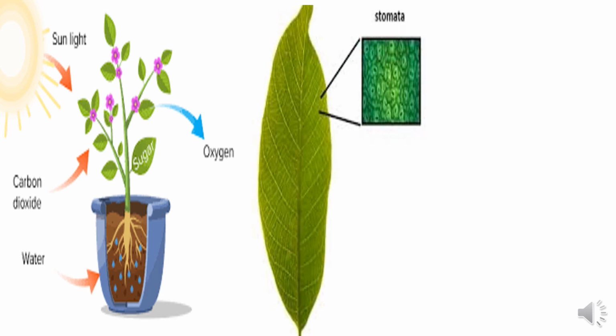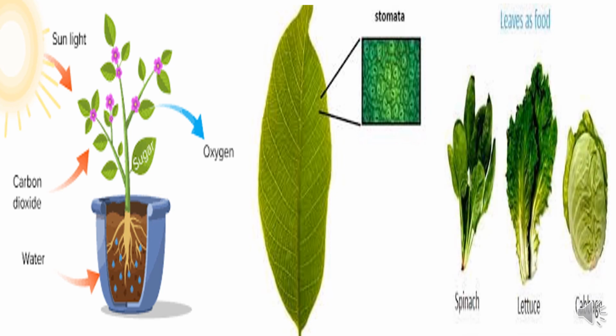Leaves also help in transpiration. They have a few openings on the underside of the leaf called stomata. And lastly, some leaves are used as food also, for example spinach, lettuce and cabbage. So all these are the functions of the leaves.